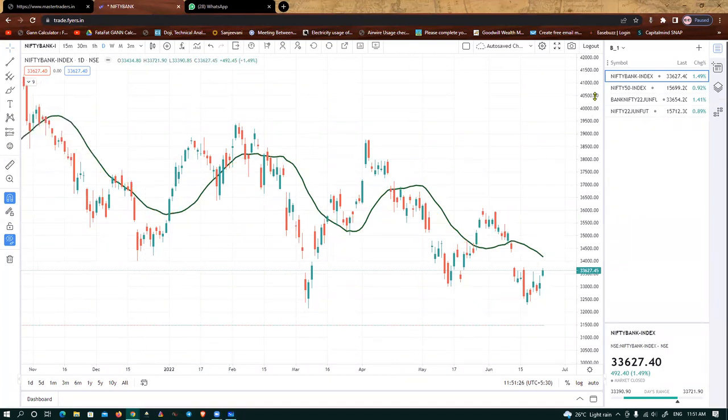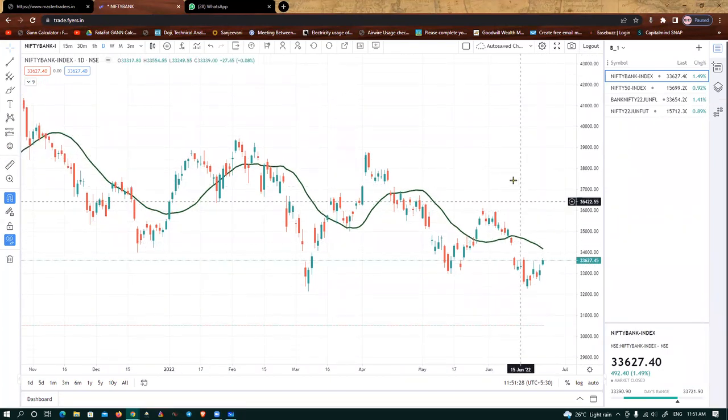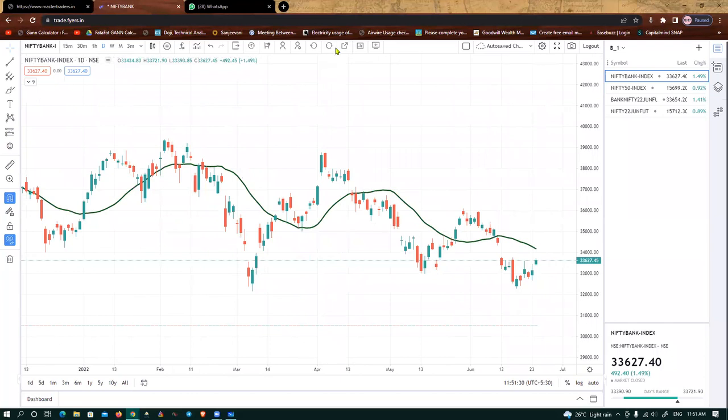So this is the 20 simple moving average. What is the simple interpretation here? Suppose this is the current day. The current day is trading below the average. This was the average: the previous 20 days closing divided by 20.